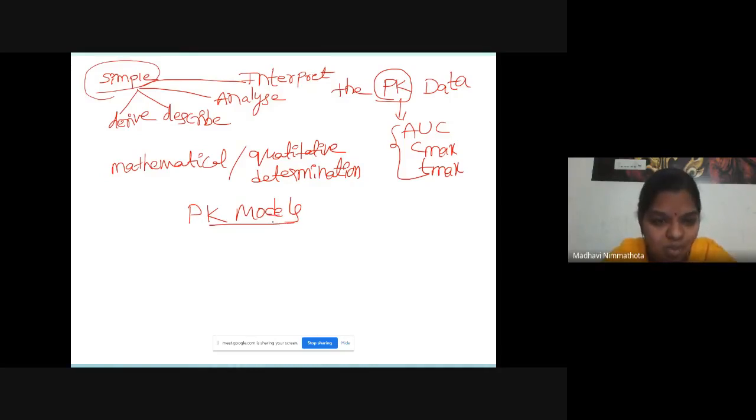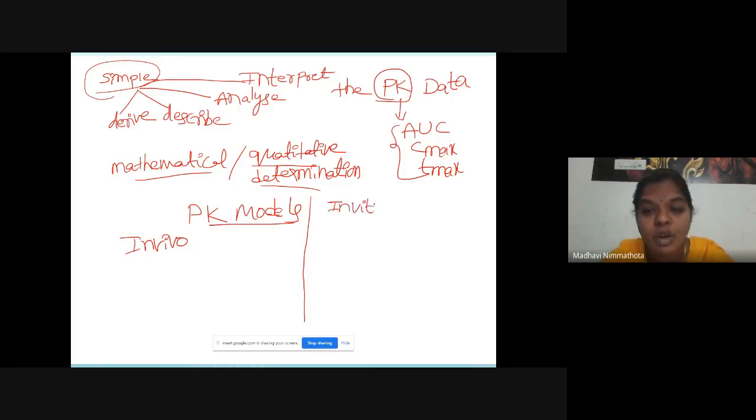Pharmacokinetic models explain the mathematical expression of the PK data and the quantitative relationship of the PK data in vivo. Whenever you are doing research or trying to find a new molecule, to know the pharmacokinetic parameters you need to interpret the data in vitro and in vivo. In vitro means you first do it in your labs, research labs or college labs, whatever it is.